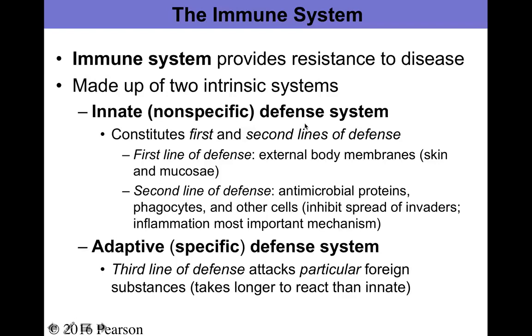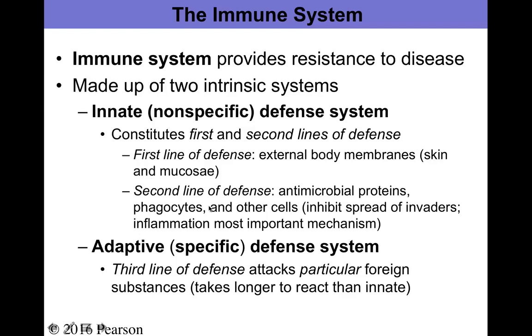So the innate or non-specific defense system is identified as the first line of defense, or I should say first and second line of defense, as it works in two distinct levels. One is providing external protection that prevents the bacteria from getting into your system in the first place. The second line of defense is when that pathogen, to use the general term, has been able to gain access to your body by passing the first line of defense.